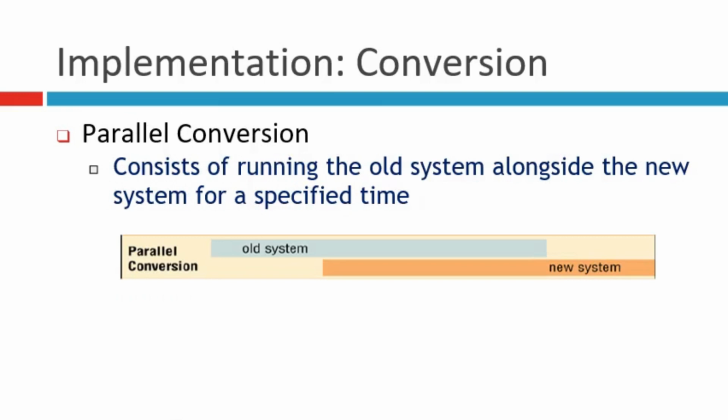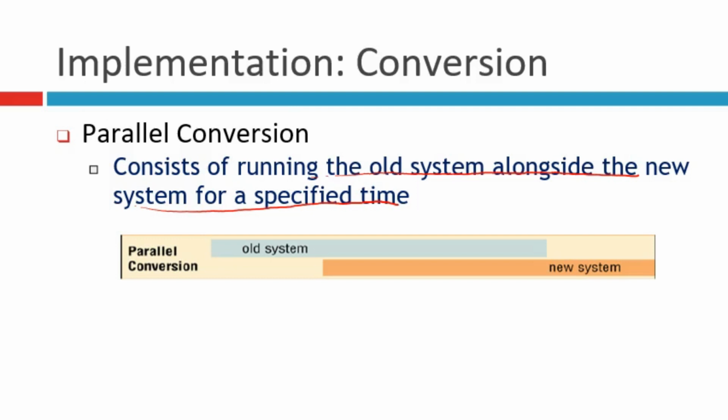Parallel conversion is the strategy of conversion which consists of running the old system alongside the new system for a specified time. In this strategy, you are asked to use Microsoft Word. At the same time, you can also use the new system, which is the Open Office document, until the specific time mentioned by the management.